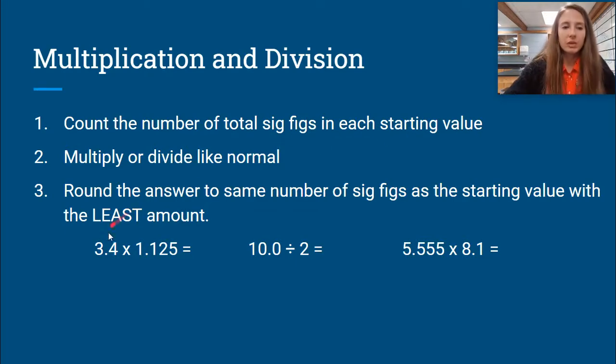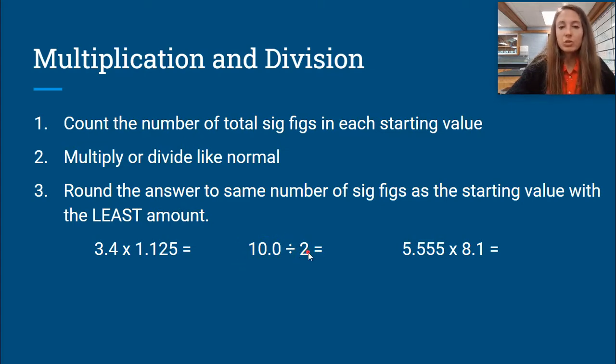So for instance, if we look at this first multiplication problem, 3.14 contains 2 significant figures. We're multiplying that by 1.125, which has 4 significant figures. So therefore, whatever answer we get out, we need to round to have 2 total significant figures because 2 is less than 4. Okay? The second one here, 10.0, has 3 significant figures.